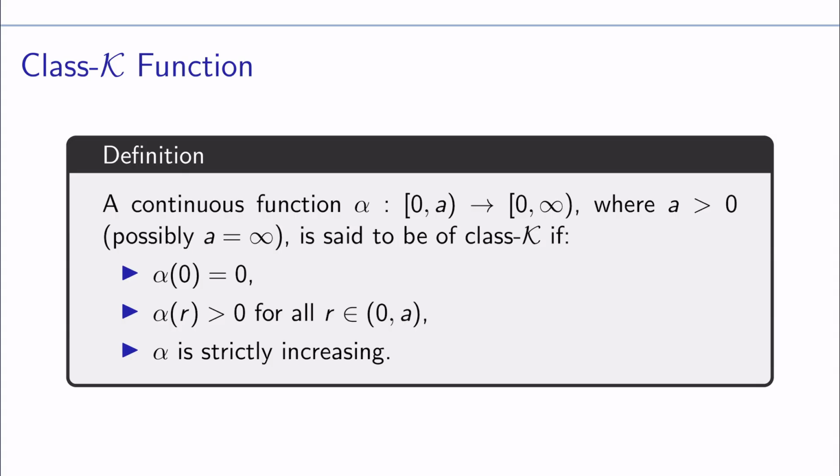Class K function. So we have this alpha function, which goes from R positive to R positive, and we will look at another function that goes from R positive to R positive, but this one, for reasons that will be obvious in a moment, goes from a finite, open section of the R positive to basically R positive.